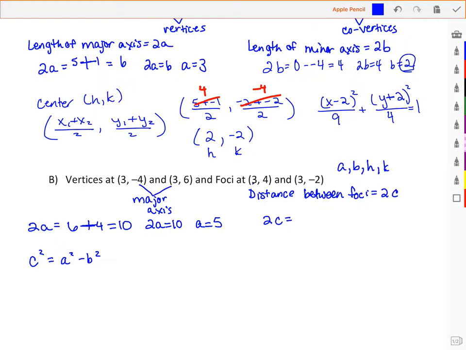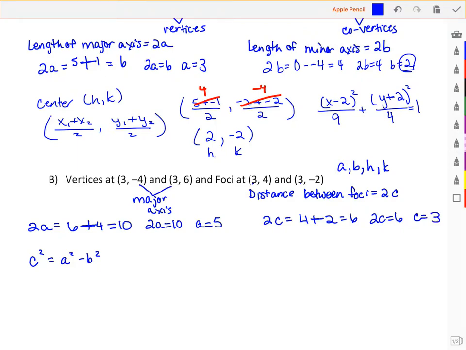Again, the x's are the same, so we don't have to worry about those. The distance between those is 0. Then I've got 4 minus a negative 2, which is 6. So 2c equals 6, which means c is equal to 3.